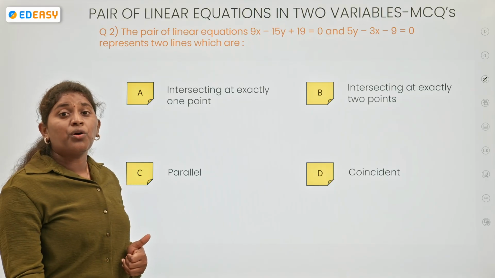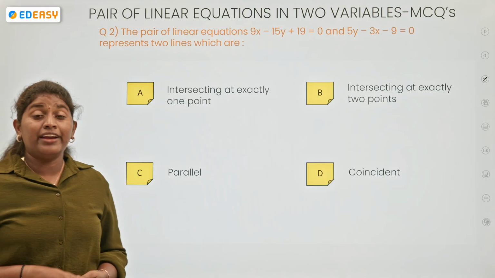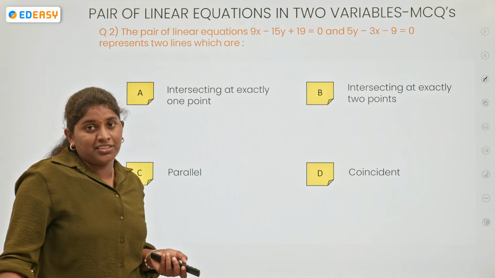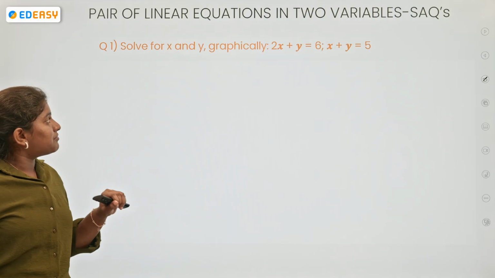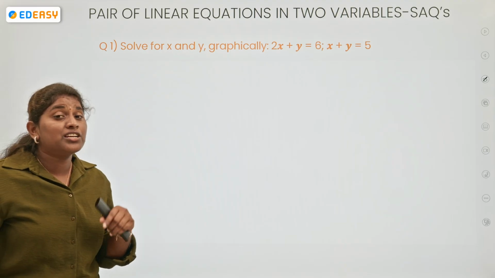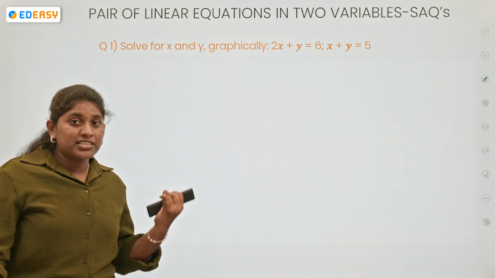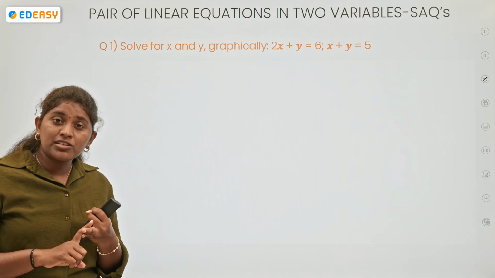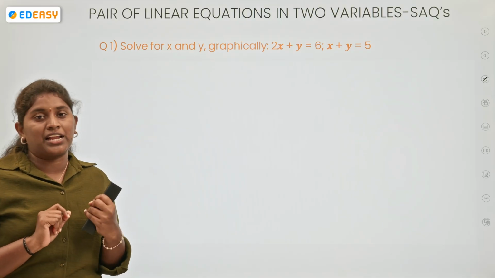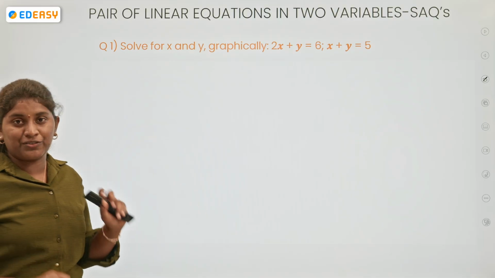From there you will get what type of lines those are and what type of solution they have. Now moving to the next, solve for x and y graphically. Whenever we are solving graphically, put x equals 0 and find the respective y value, and put y equals 0 and find the respective x value for your two linear equations.